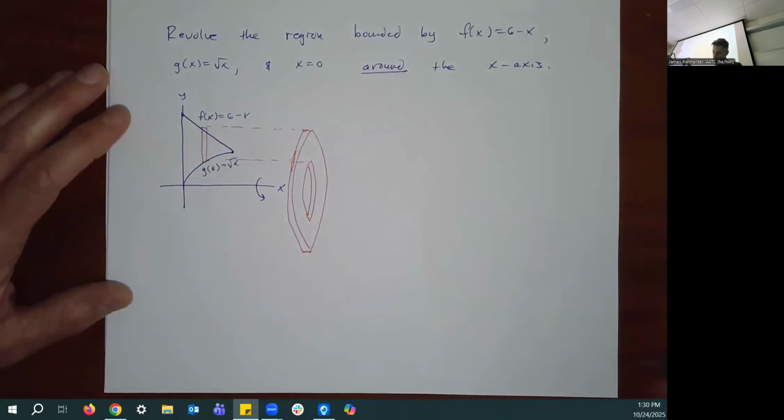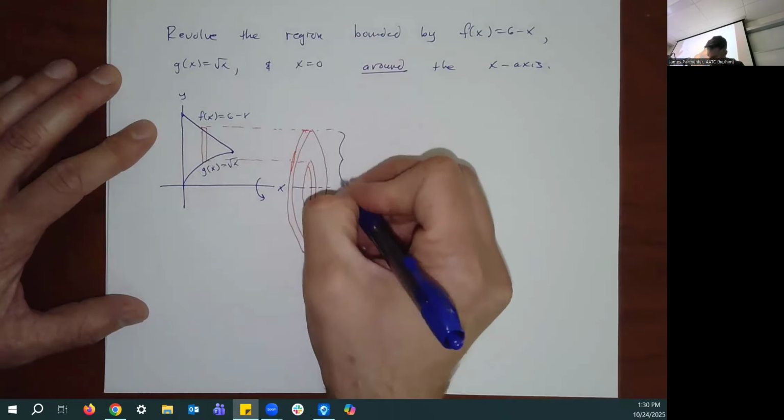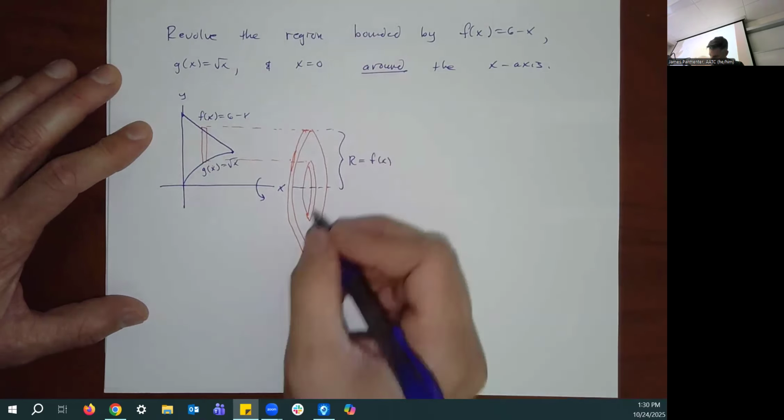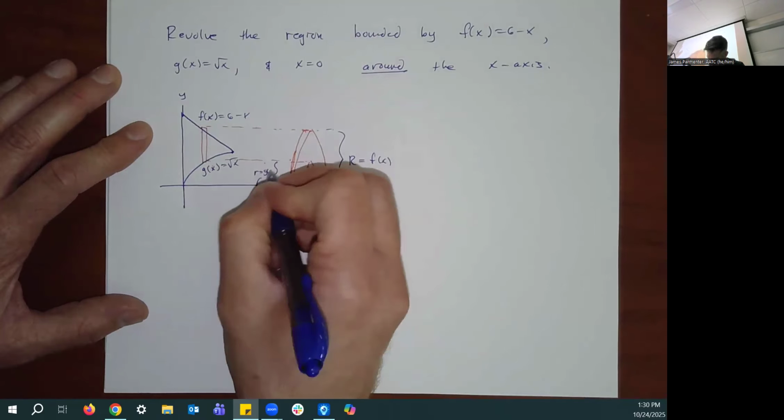Good tip. But more importantly here, we see that our outer radius is just the function f of x, and our inner radius is g of x.